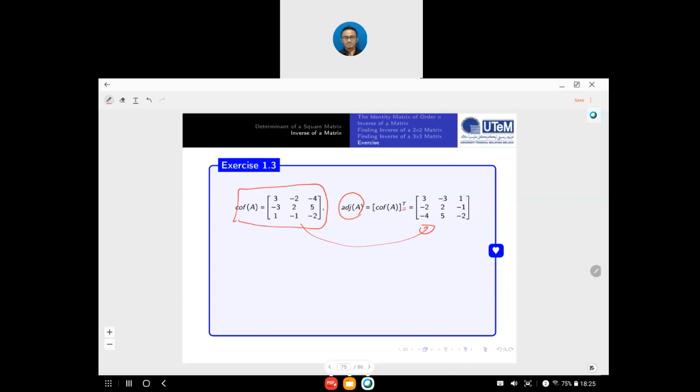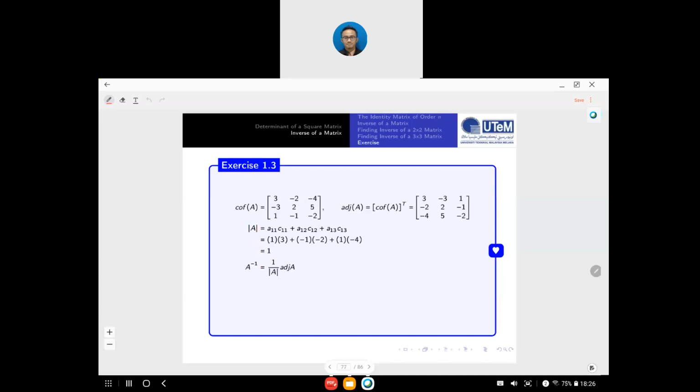And then you need to find the determinant. You can choose any one. Whether you want to choose the first row, second row or third row, column pun you boleh choose. Okay, so you can get 1 as the determinant.